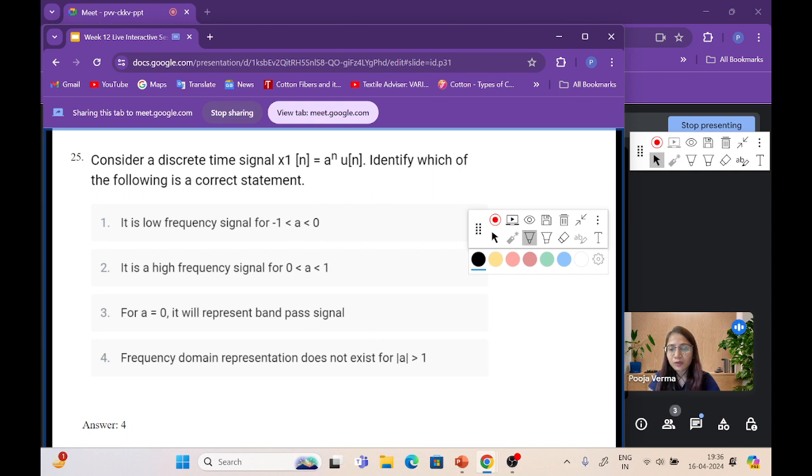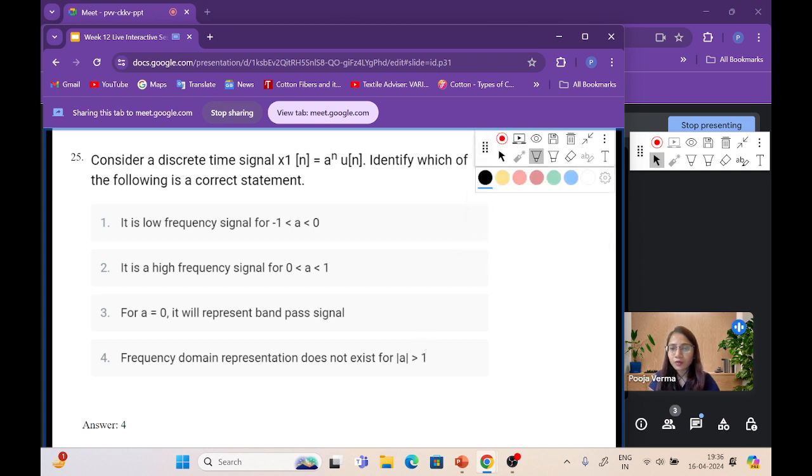Option 4: frequency domain representation does not exist for mod of a greater than or equal to 1. So what is the correct statement for this, where x1 of n is given as a to the power n u of n?